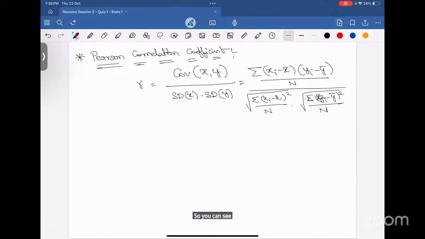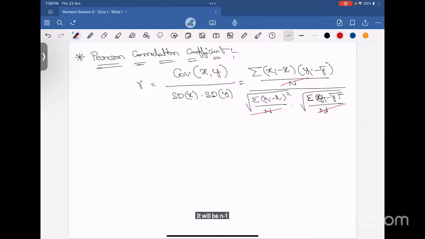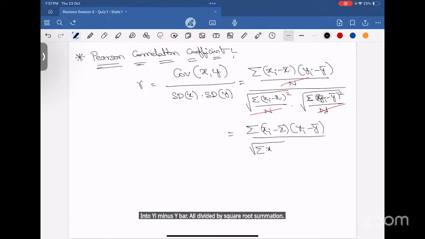You can see that this n and the square root n will get cancelled out. If it is sample, it will be n minus 1, and even then it will get cancelled out. So this will be summation xi minus x bar into yi minus y bar whole divided by square root summation xi minus x bar whole square into square root summation yi minus y bar whole square.